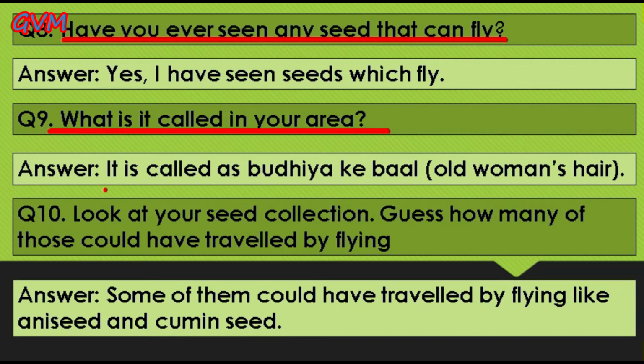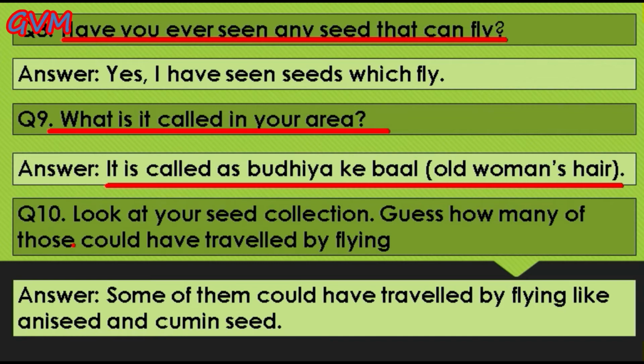For example, if you write yes, I have seen seeds that can fly, then you have to write down the common name of that seed in your area. As an example here, Vidya ke bal. Students, that seed Vidya ke bal is a light off-white color and very fluffy in nature, and you can easily observe it during the spring season.